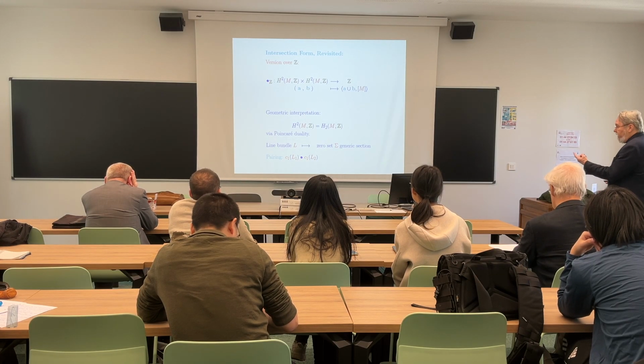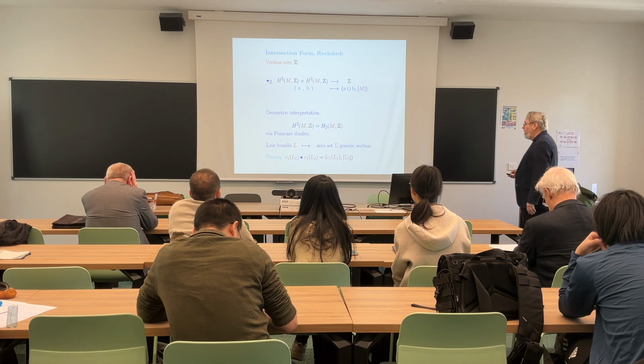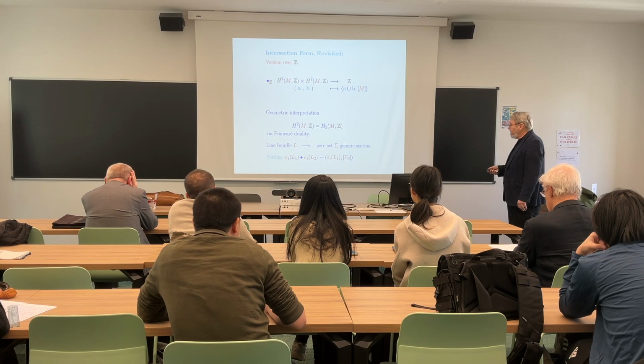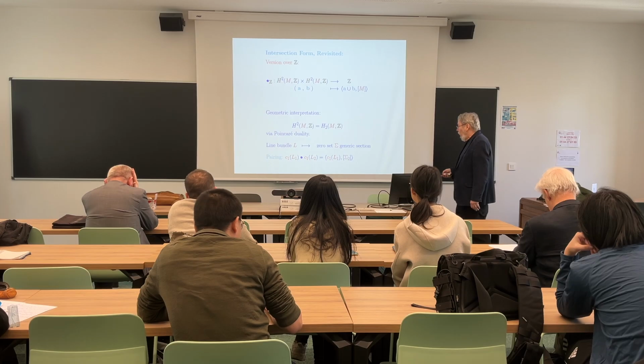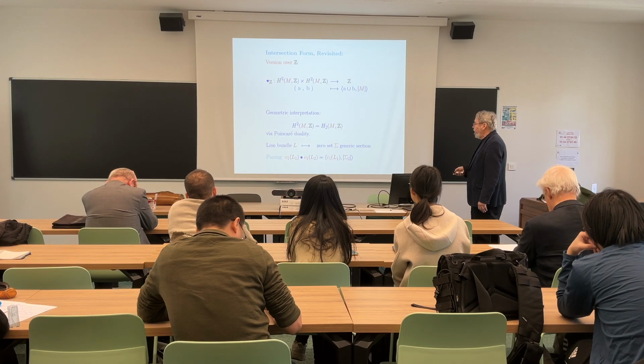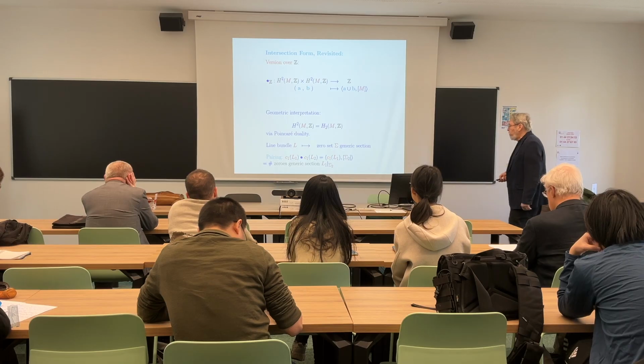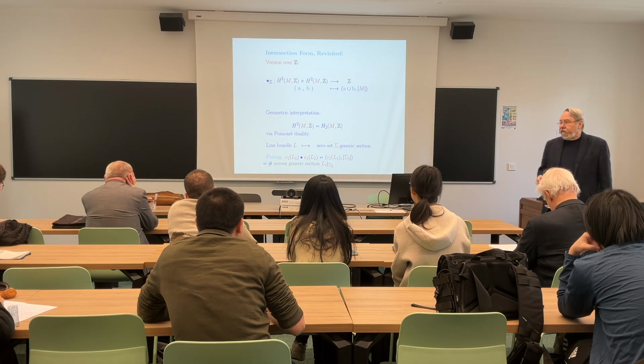The pairing between two first Chern classes here would be, well, represent one first Chern class in terms of its Poincare dual as a surface in the four-manifold, and then what you can do is restrict the other line bundle to it and take its first Chern class integrated against the other surface.